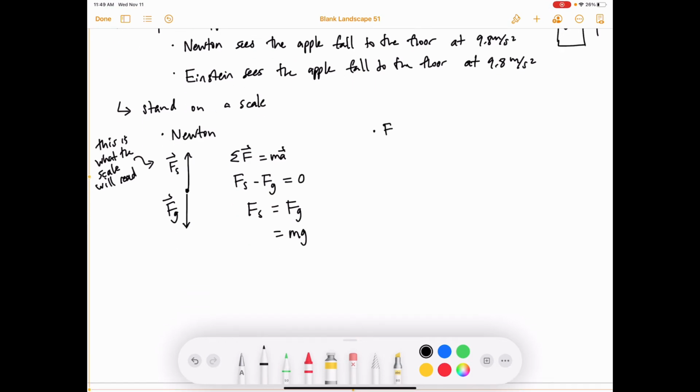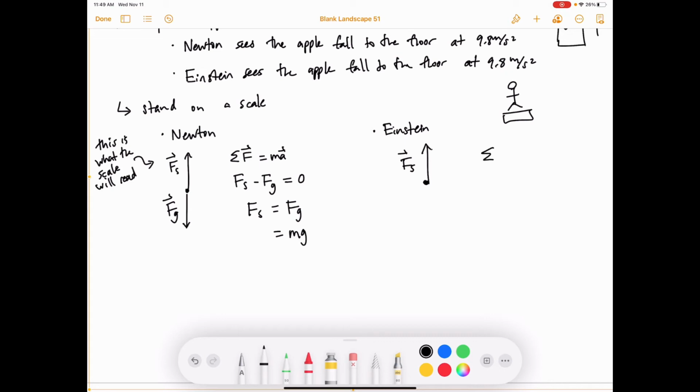But in Einstein's box, here's what's happening. Remember, there is no gravity. There's just the force from the scale that he's standing on. Okay? There's no gravity, just the force of the scale pushing up on his feet, Fs.